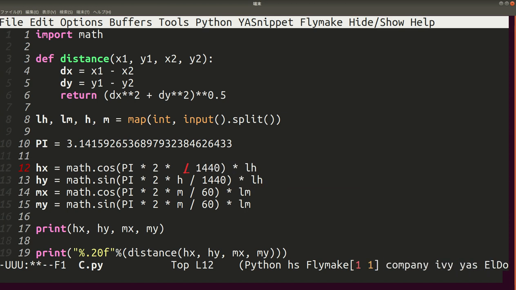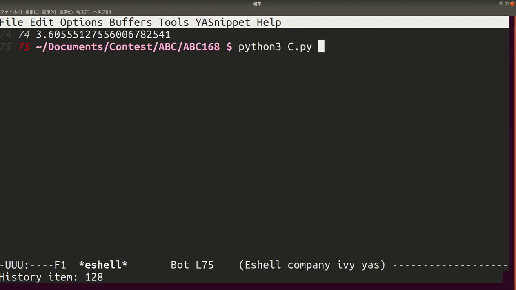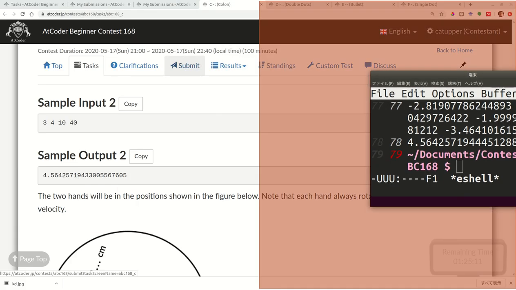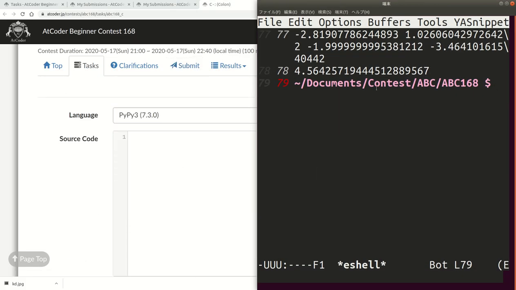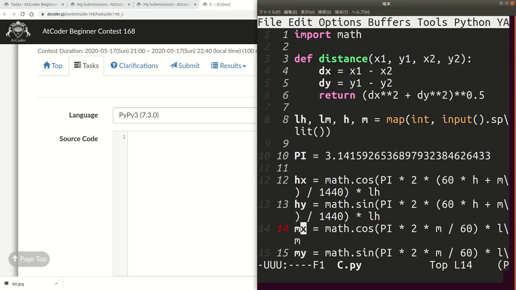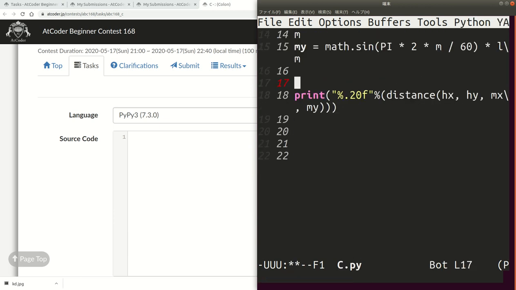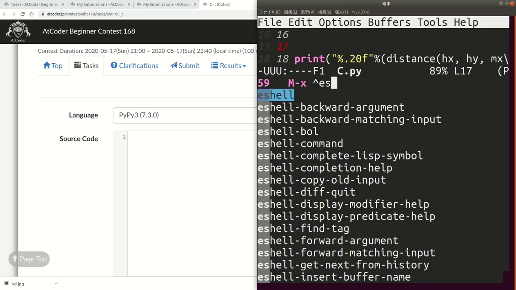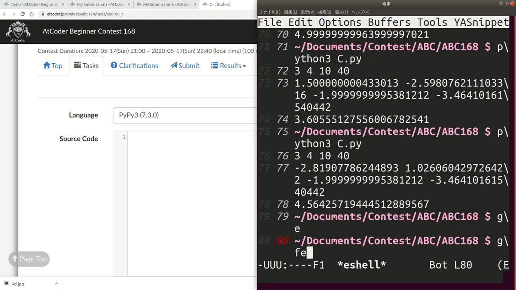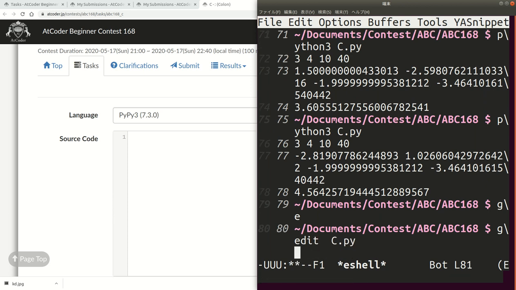So divided by this and convert into the minutes. Okay, this is what I need, and I will get the correct answer. Yes, it is. Okay, so let's output, remove the debug output, and submit it.